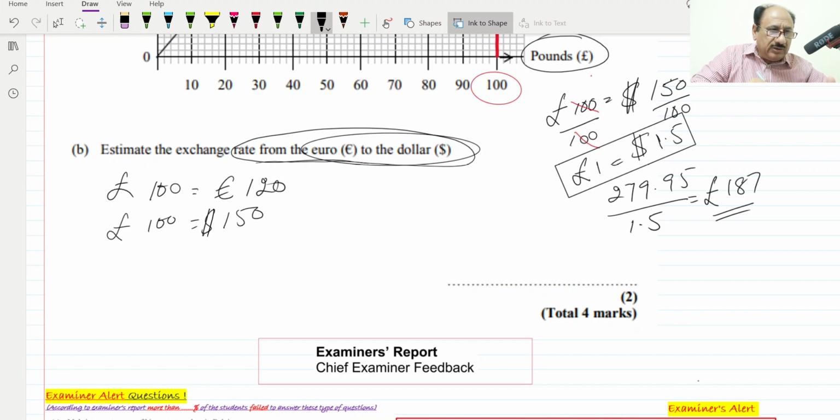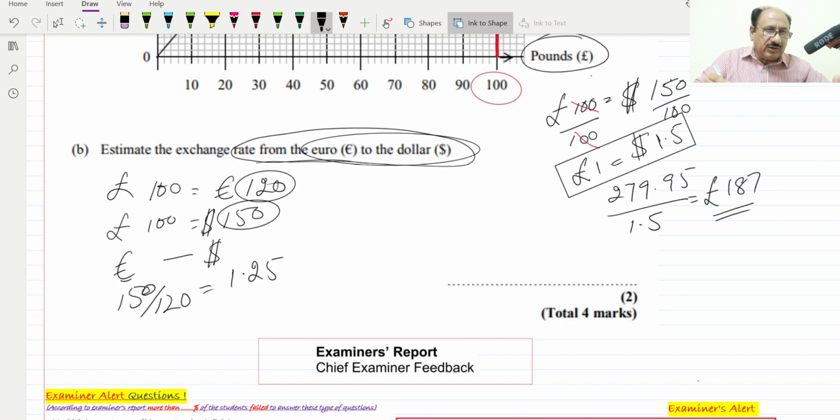So we will write here 100 pound is equal to $150 US dollars, and from here we can check euro to dollar conversion, which will be 150 divided by 120.